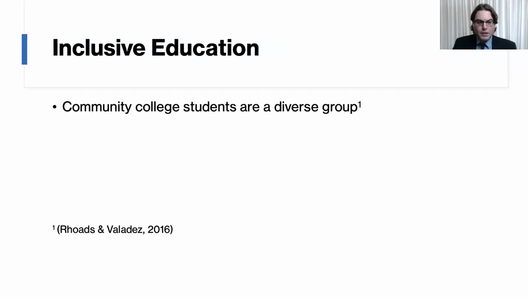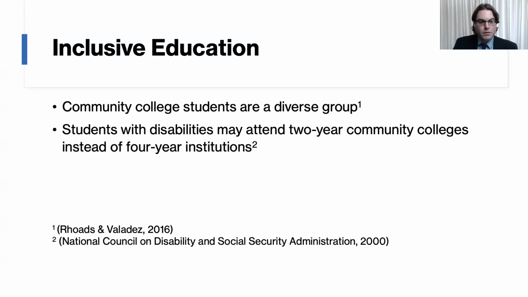Community college students represent a diverse group in terms of age, ethnicity, gender, and class, as well as academic preparation. In addition, students with disabilities may choose to attend 2-year community colleges instead of 4-year colleges and universities.